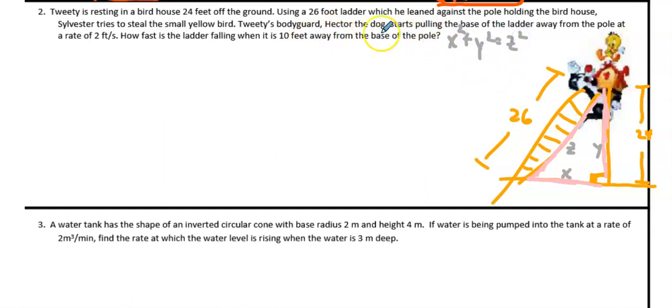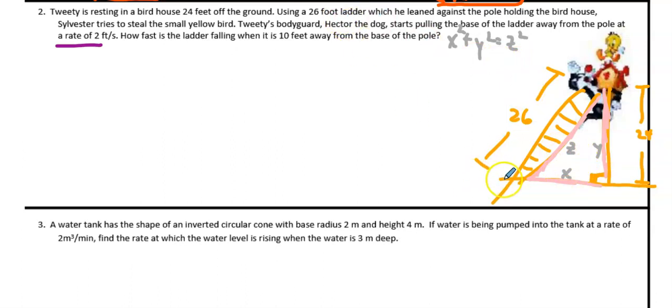So let's continue on with the problem. Hector the dog starts to pull the base of the ladder away at the pole at a rate of 2 feet per second. So you have to figure out what this is a change of. I'd like to label things X, Y, Z or A, B, C, whatever it is.